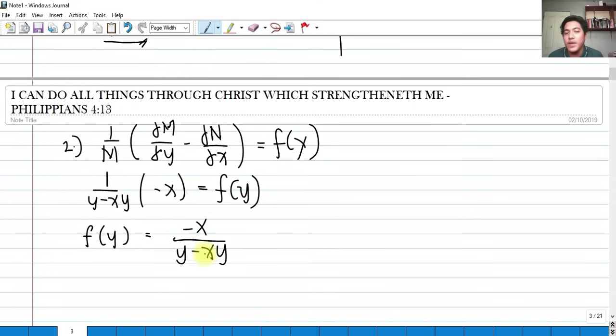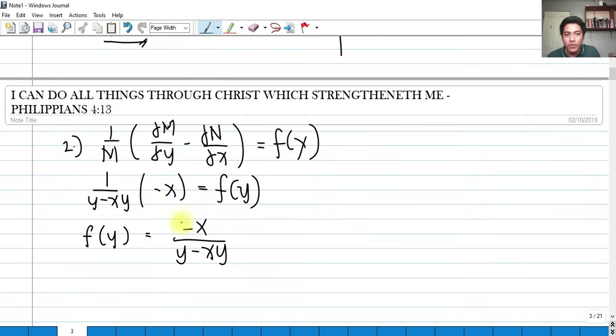So what is the problem here if we use this as our f of y in determining the integrating factor? It has two variables in it and we cannot cancel x here.